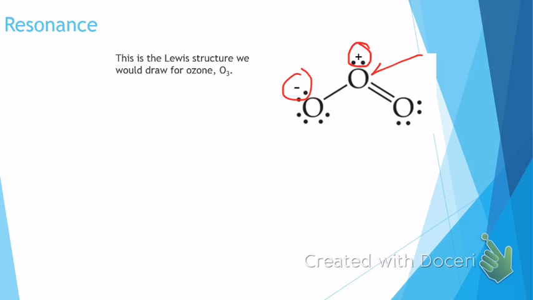If you notice, this middle oxygen has a formal charge of +1. That's because oxygen has 6 valence electrons, but this oxygen owns 1, 2, 3, 4, 5 electrons around it. So 6 minus 5 is a +1, which many times they just put as a plus sign.